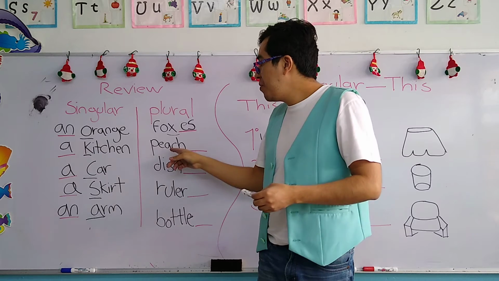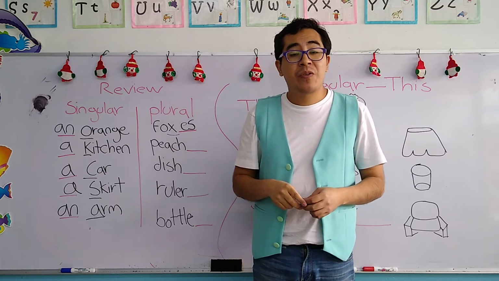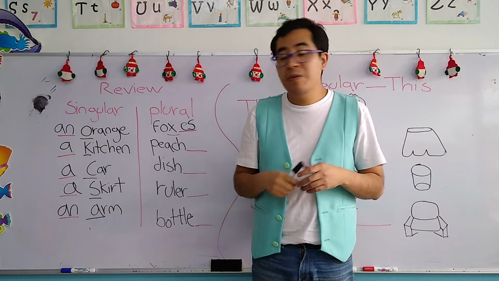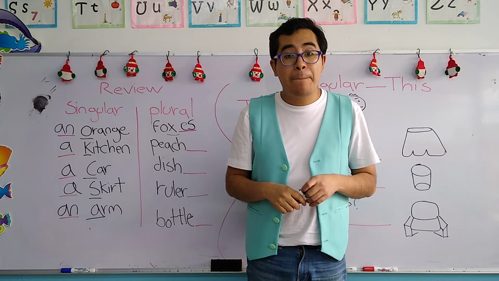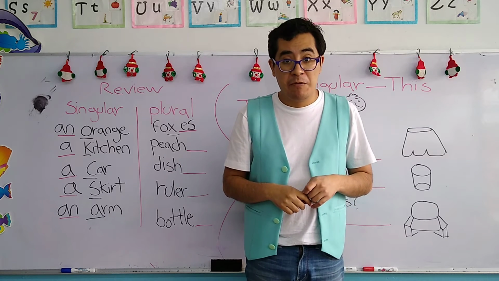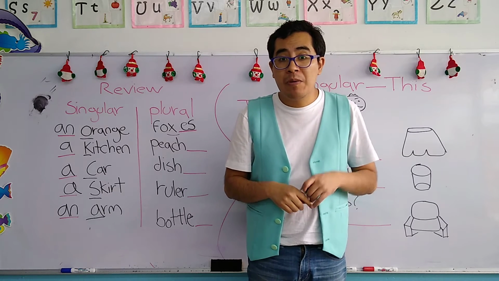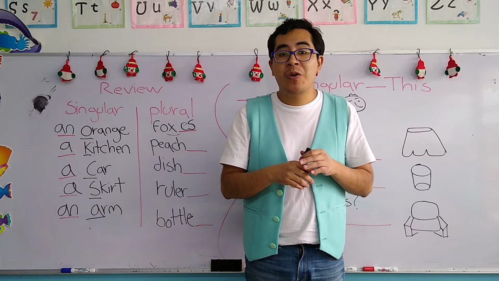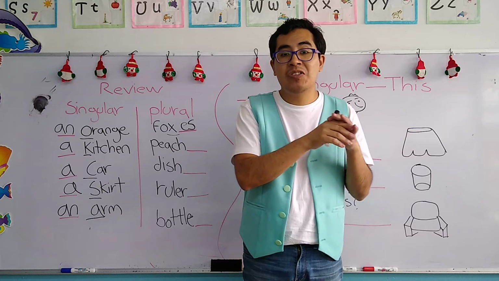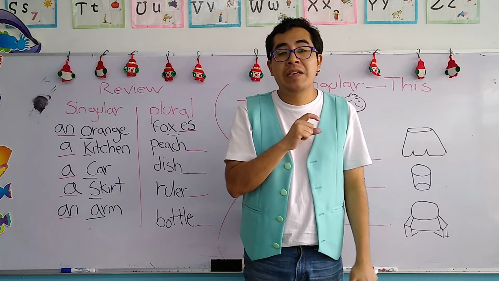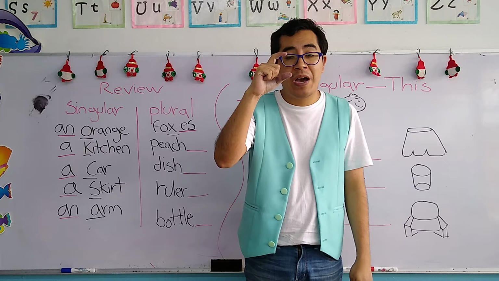Let's continue with the second word. Again, it's a new word for you. It's peach. Now, peach, it's a fruit. It's similar to an apple, but it's not an apple. It's color orange, but it's not an orange. It's smaller. In Spanish, it's called durazno.